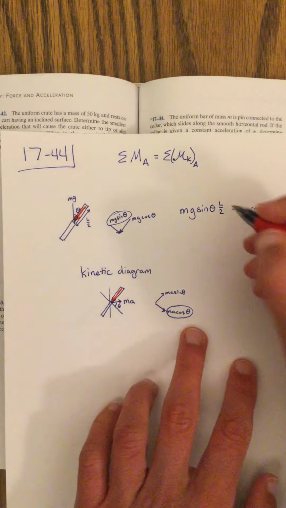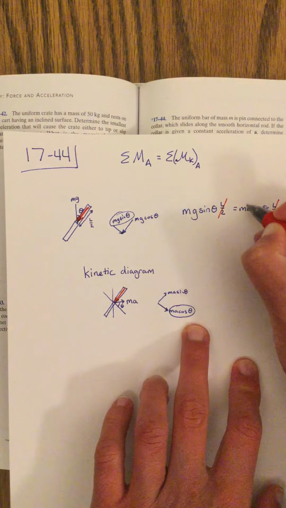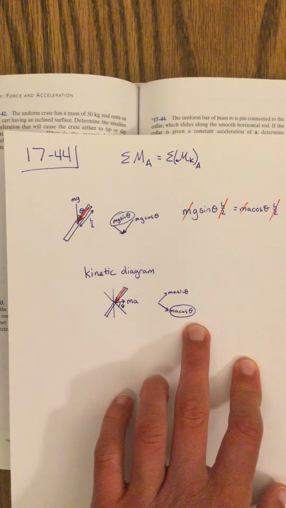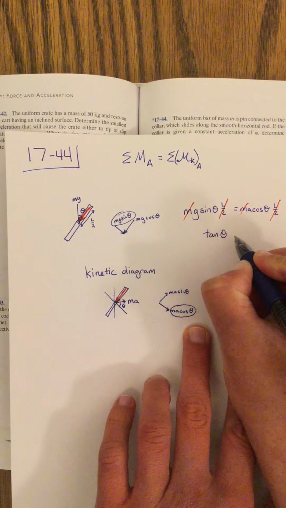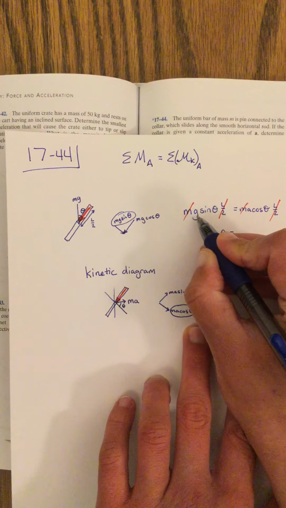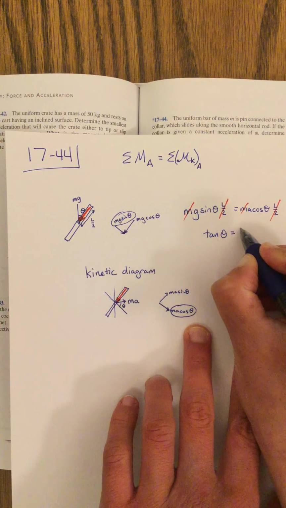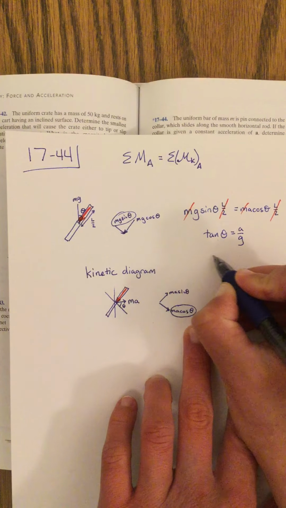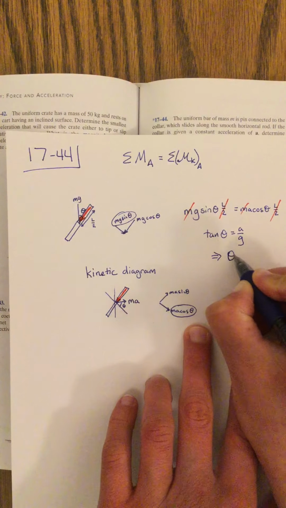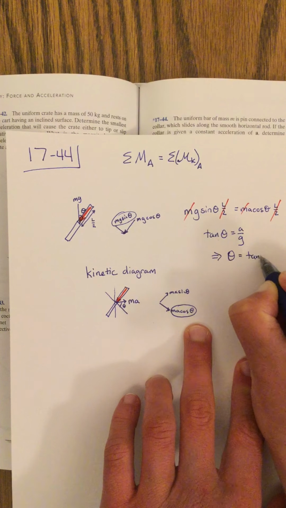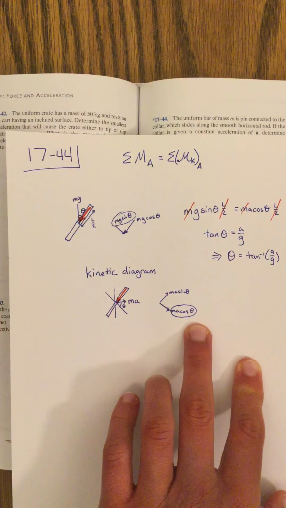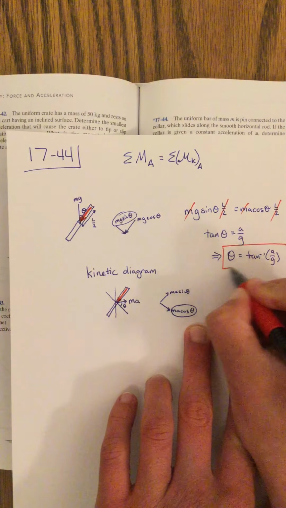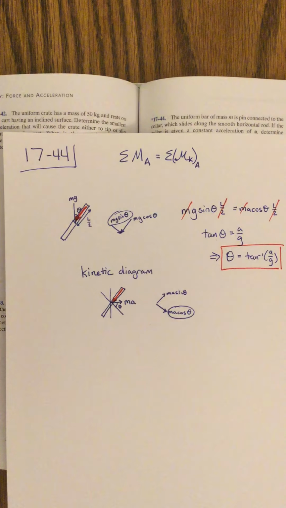Then we can cancel some things out. The L over 2 cancels out. The mass cancels out. If we divide both sides by cosine, then we get tangent theta on the left-hand side. And if we divide both sides by g, we get A over g on the right-hand side. And then to get theta, we just take the inverse tangent of A over g. That's the answer for this problem.